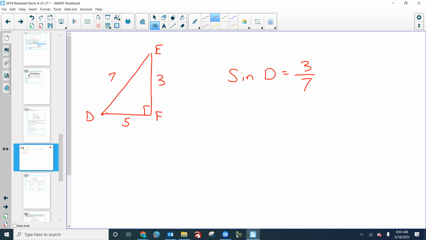If I say what's the measure of angle D, do you remember how to do that? It's been a while. Sine inverse. Yep, sine inverse. If we sine inverse the left side, it gets rid of that sine, and we sine inverse the right side. So these cancel.